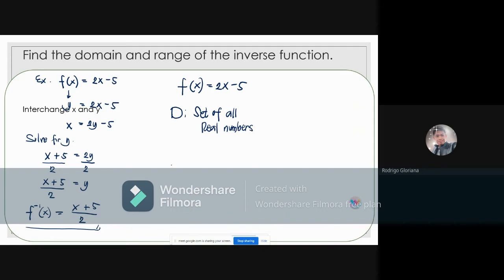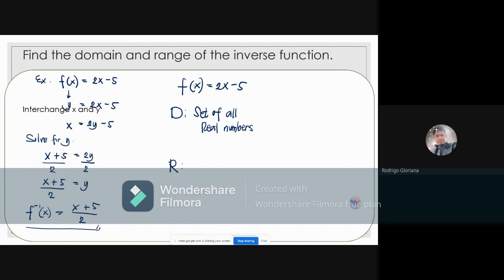Then your range on that particular function, 2x minus 5: any values that you place for x, the function can have a value. Is it also the set of real numbers?